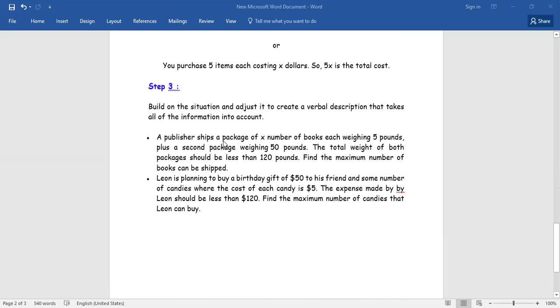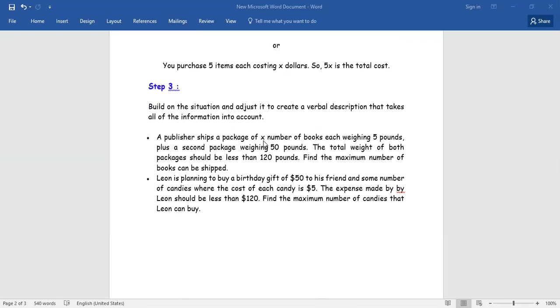A publisher ships a package of x number of books, each weighing 5 pounds. So x now stands for what? We said 5x plus 50 less than 120, so x equals the number of books. We can say x number of books, x number of t-shirts, x number of pencils, and so on.